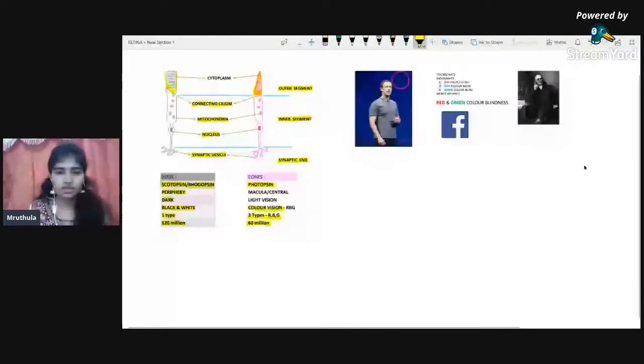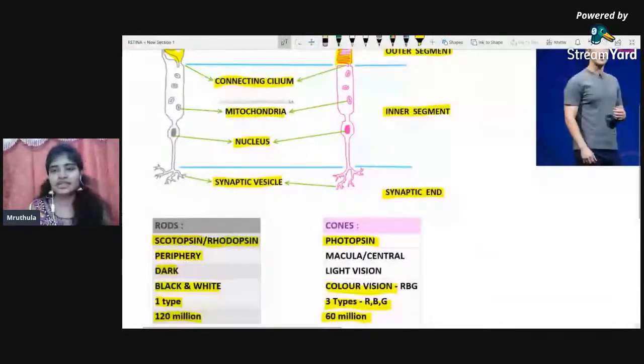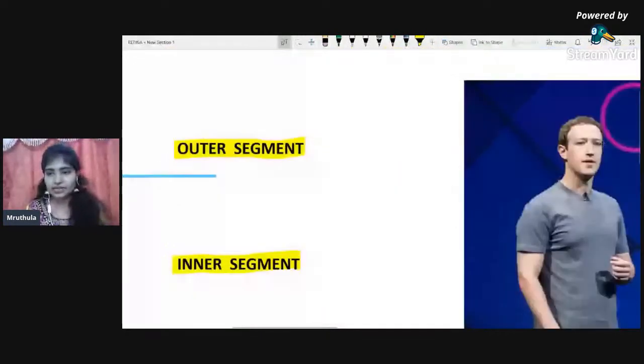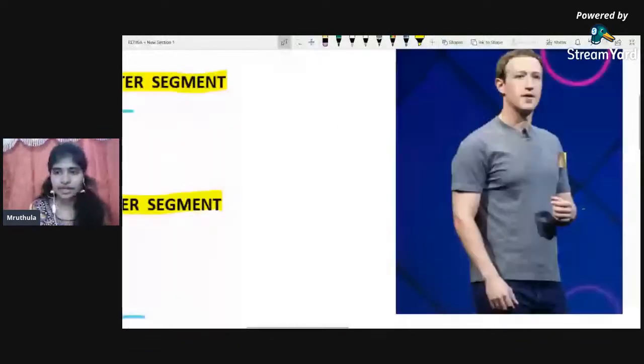So now I hope you have got an orientation of the structures of rods and cones. Here is one quick question for you. Can you guys recognize this person? I hope most of you might be knowing him. Who is this person? Who is this guy or who is this man?